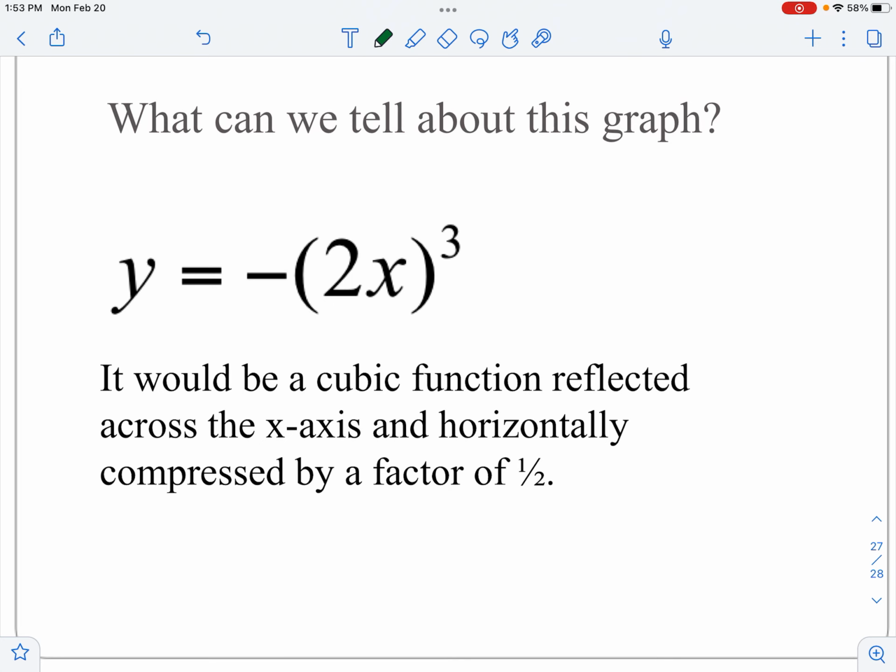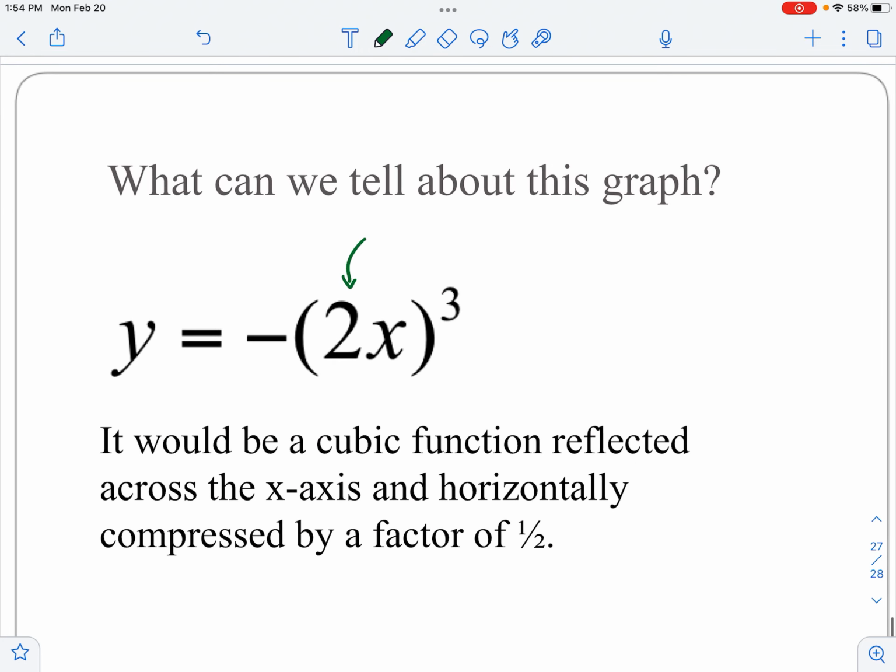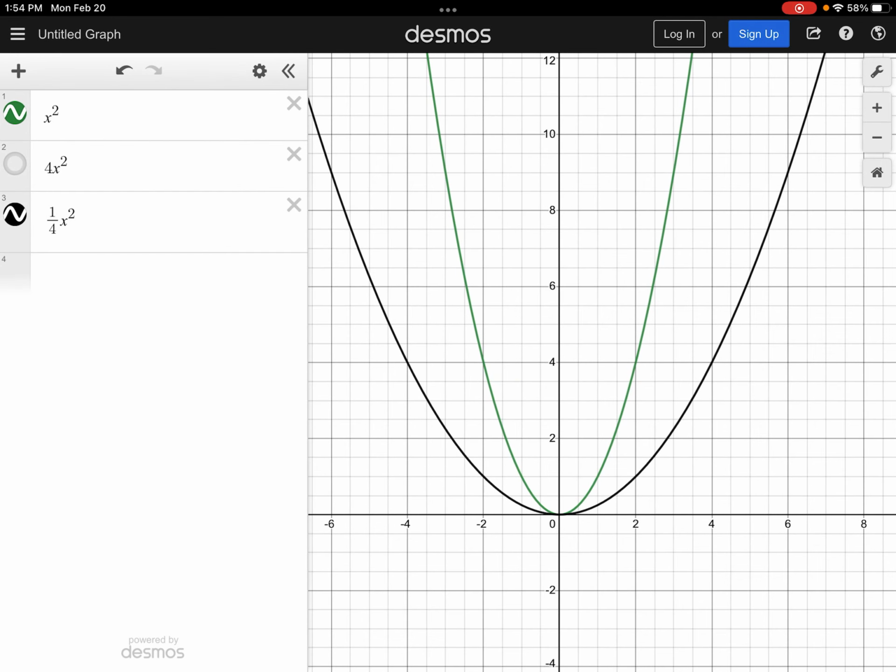Okay, next graph that we have. So this negative in front, and we still have our 2, which is going to stretch our graph just like the previous one did. But what does that negative do out front? So let's take a look at Desmos and see what that does.